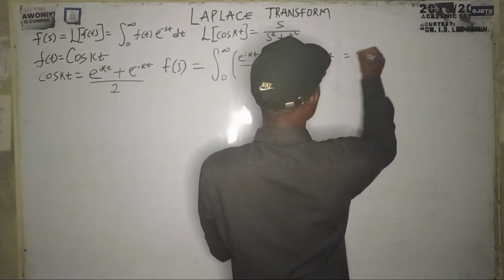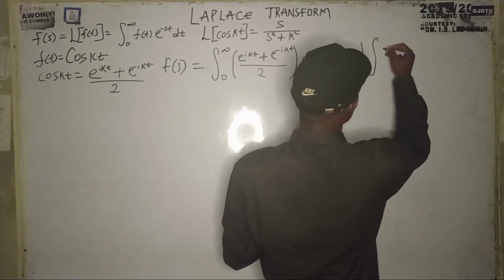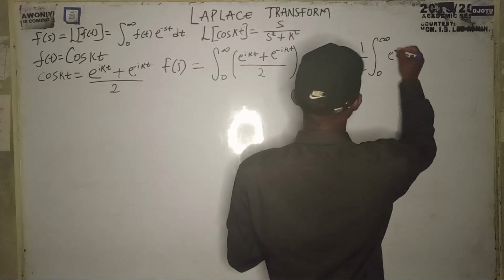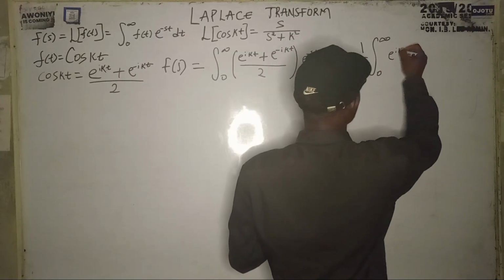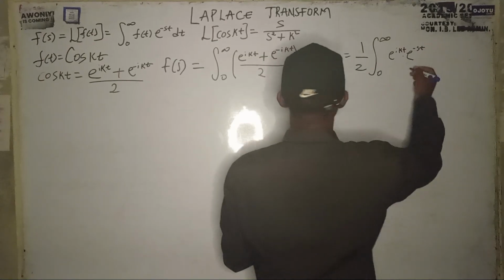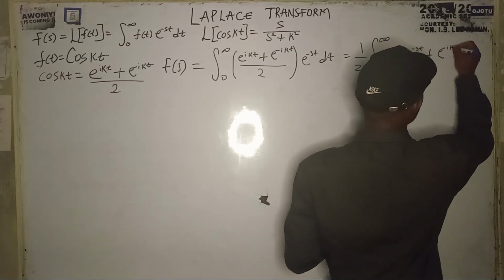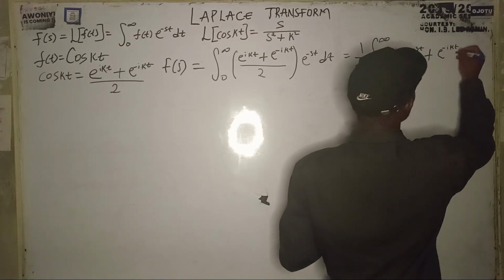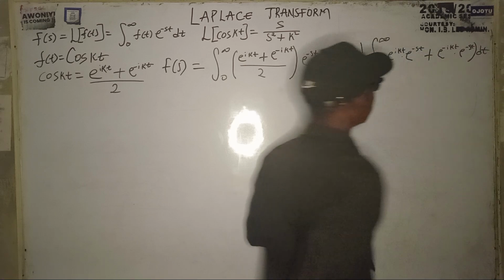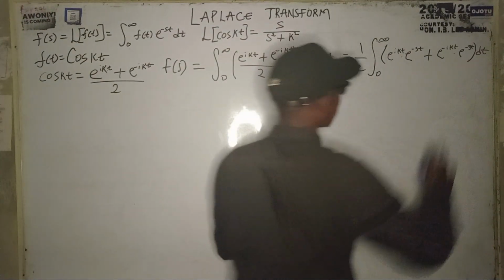So we have it as 1 over 2, the integral from infinity to 0 of e raised power ikt times e raised power minus st plus e raised power minus ikt times e raised power minus st, inside the bracket, then we have our dt.